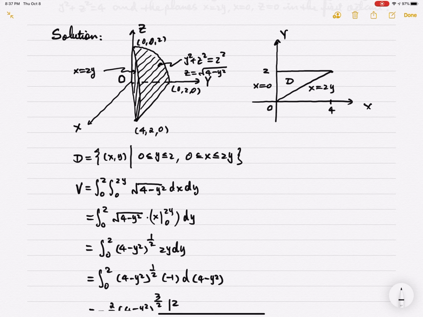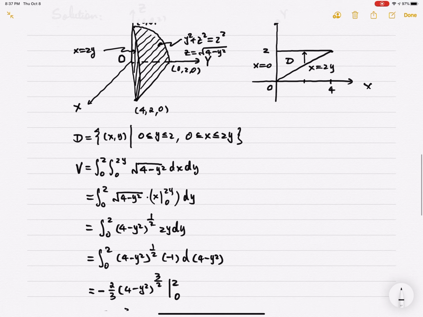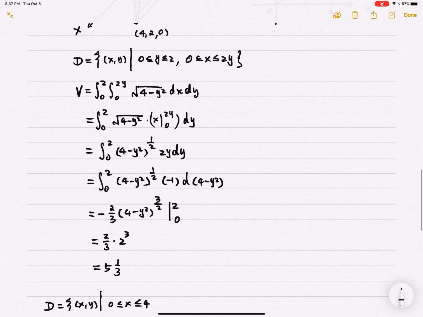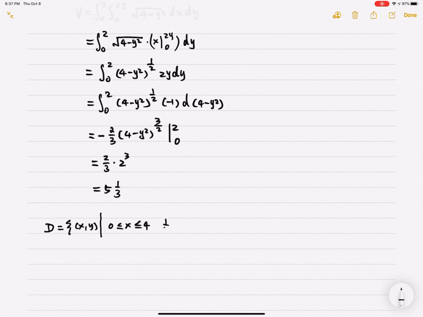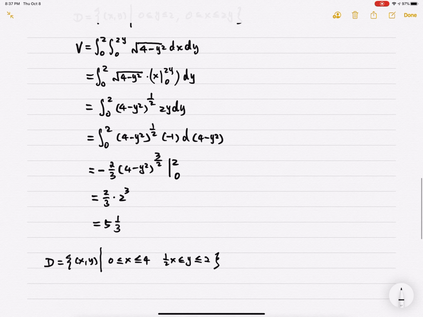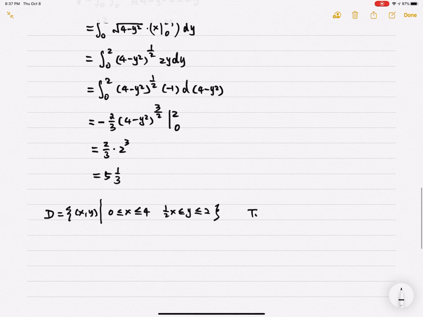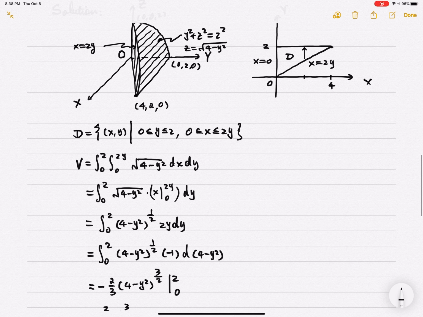Now y, given an x, changes from here to here. So if you solve the equation for y, y equals half x, to 2. So if I treat it as a type 1 region. It is true a region can be type 1 and it can be type 2. It depends on how you describe it.